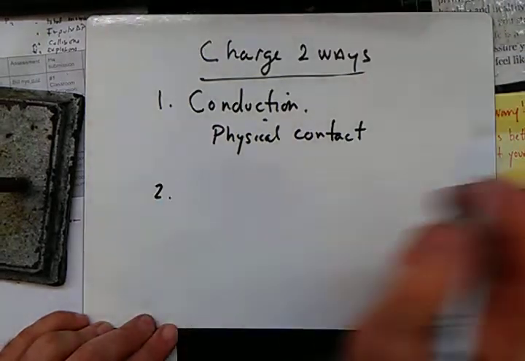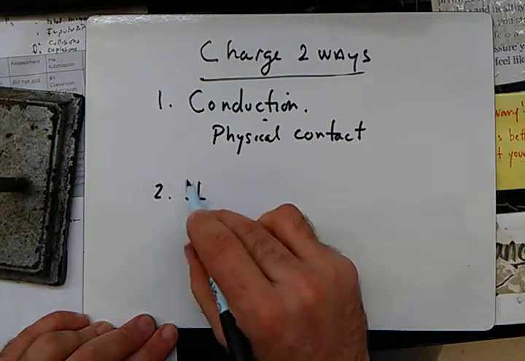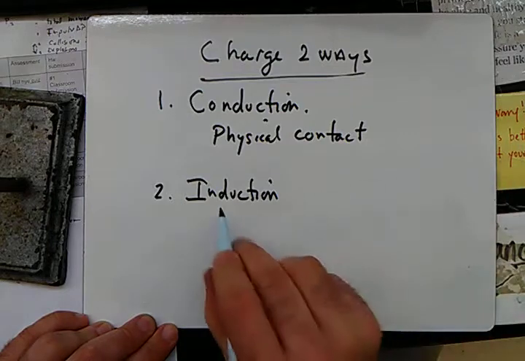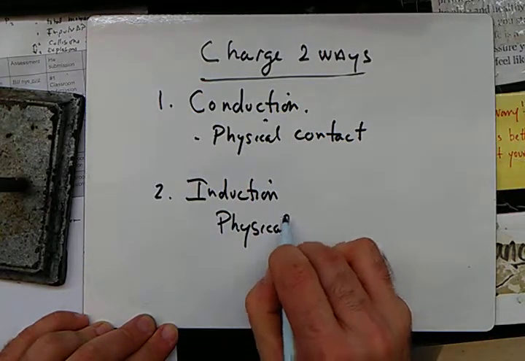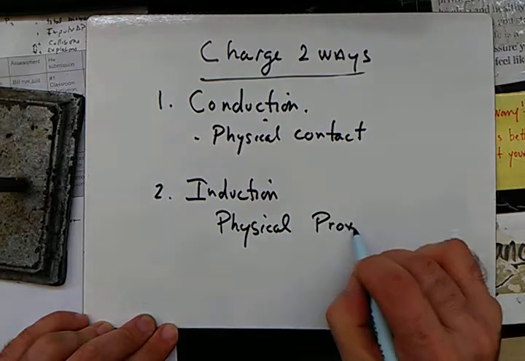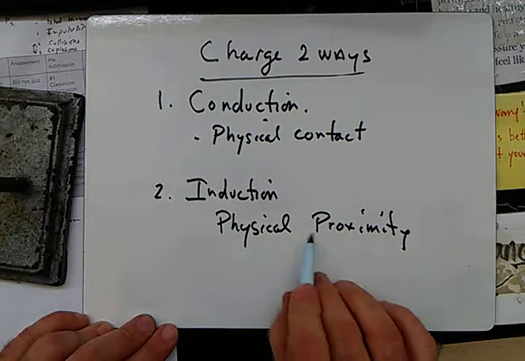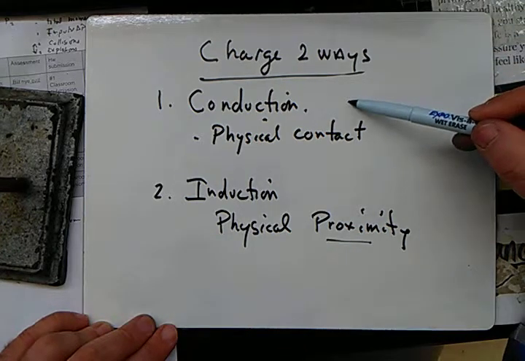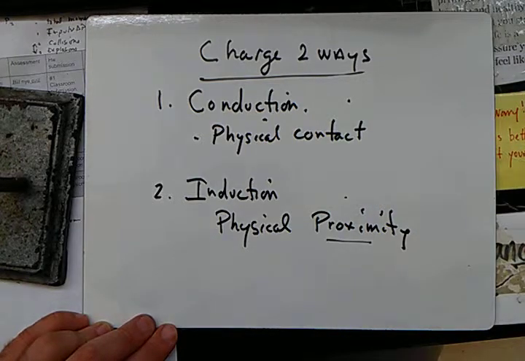The second way we can charge something is by induction, which just tells us that it's physical proximity. So physical, not contact, but proximity. This is charging by touching. This is charging by not touching.